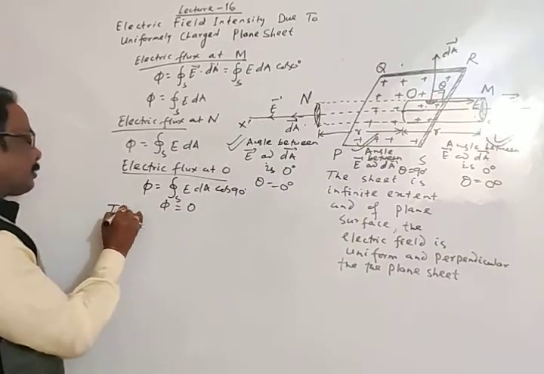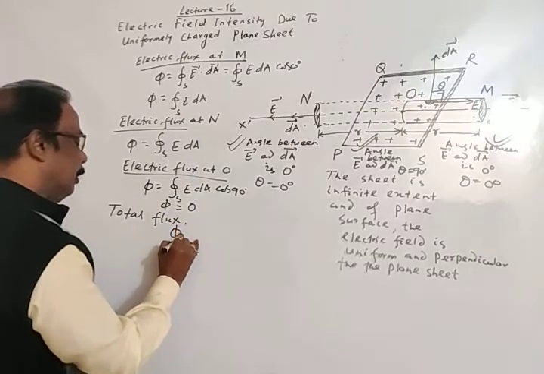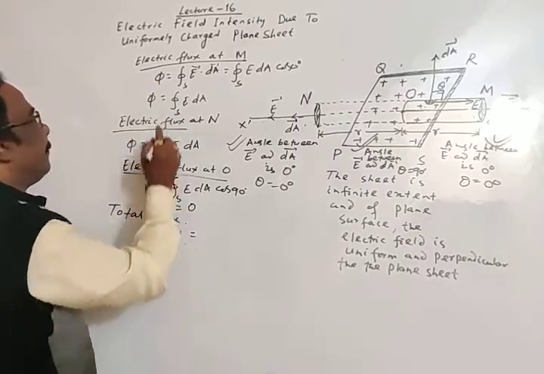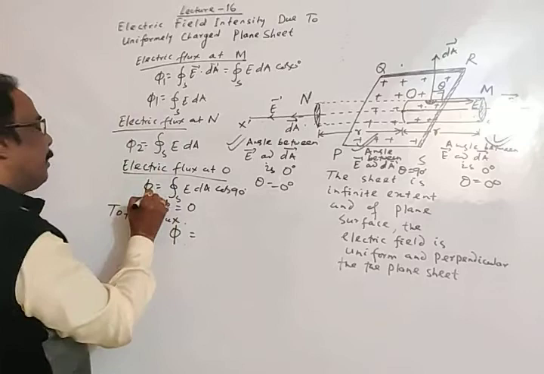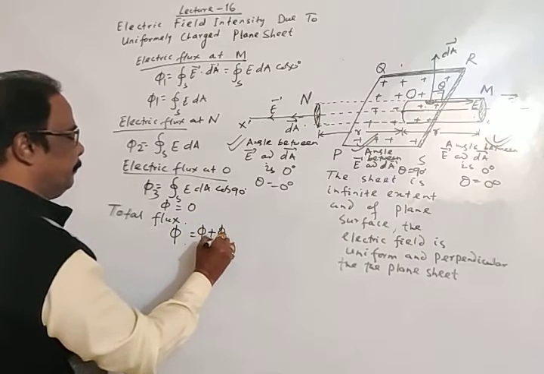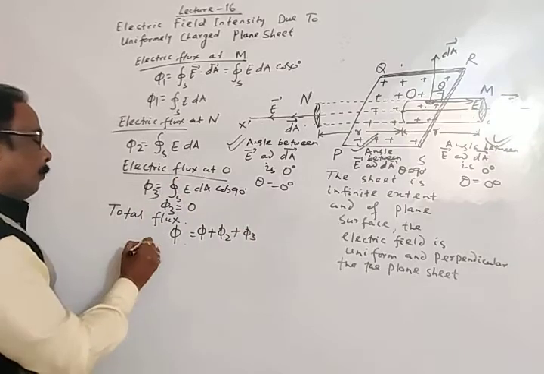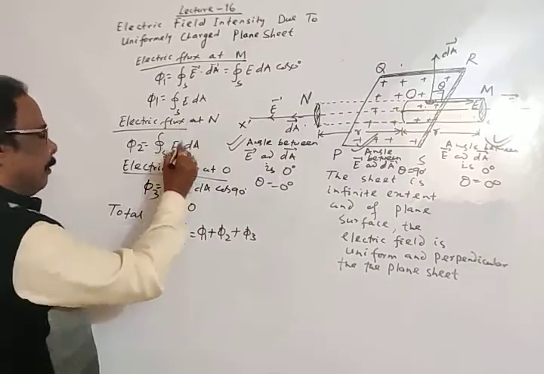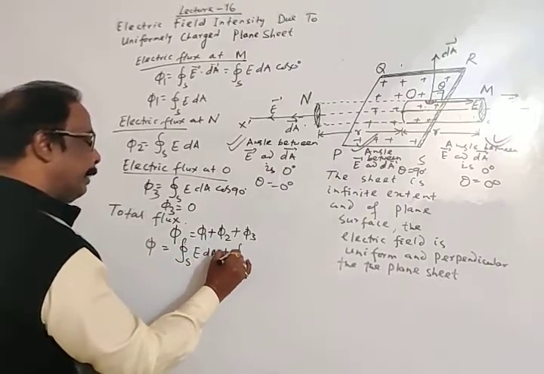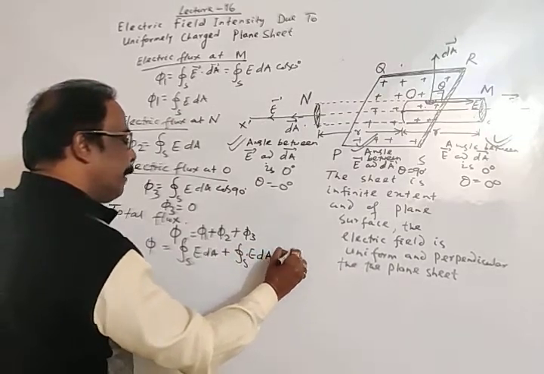Then total flux, let's take phi E. This is phi 1, this is phi 2 and this is phi 3. Then phi 1 plus phi 2 plus phi 3, where phi 3 is 0 at O. Then total flux is phi 1, the surface integral of E dA, plus phi 2, again the surface integral of E dA, plus phi 3, which is 0.